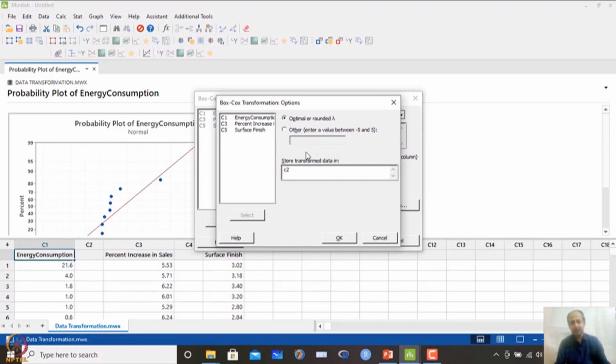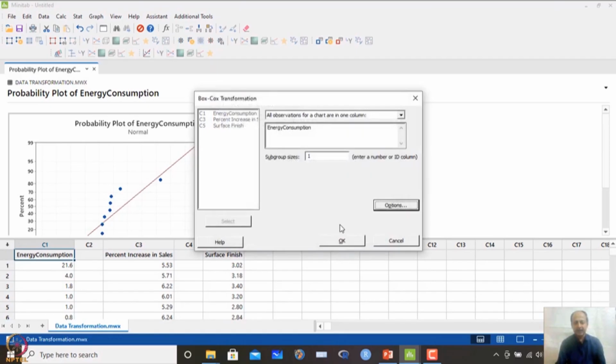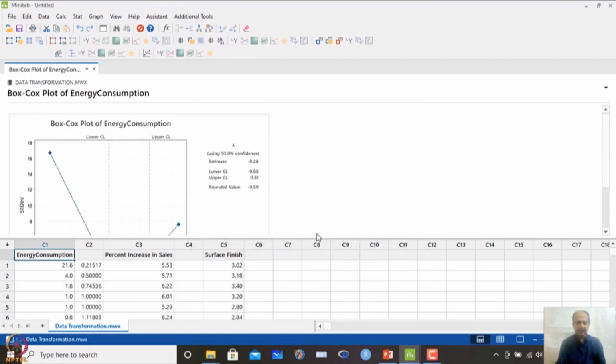The conversion will be stored using the optimal or rounded lambda. Lambda means y to the power lambda, some lambda transformation will be done on the y CTQ, where y is the energy consumption. If I put it in C2 and click OK, it will give you some estimation.